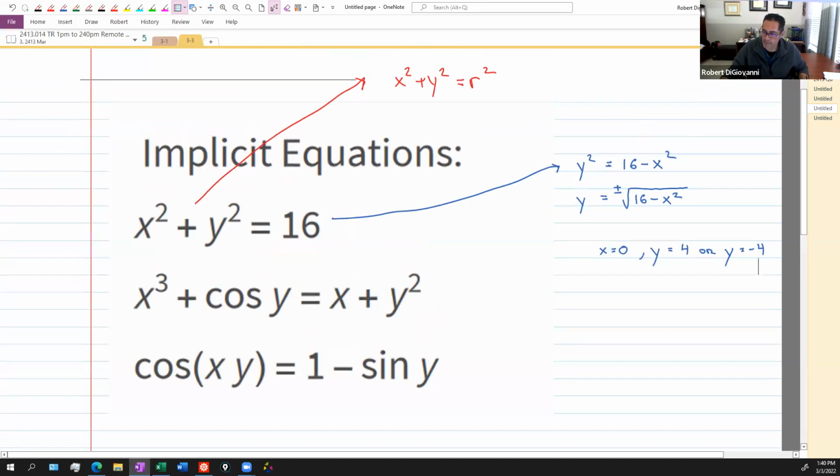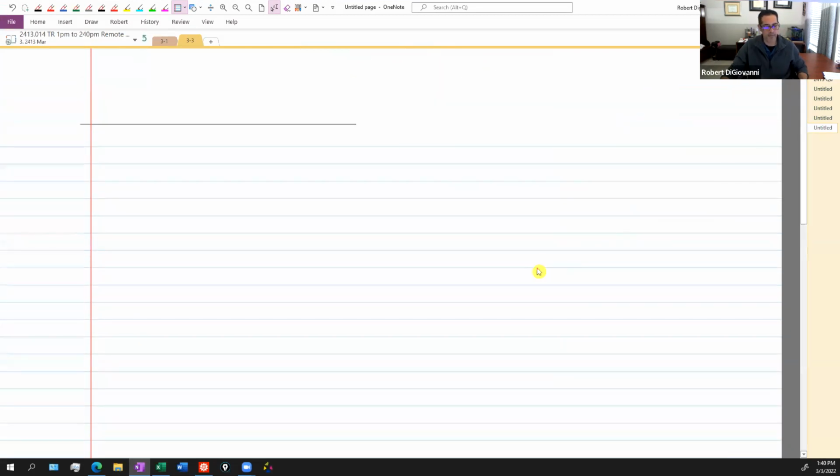We're going to start with that first example. If x squared plus y squared equals 16, I want us to find dy dx.